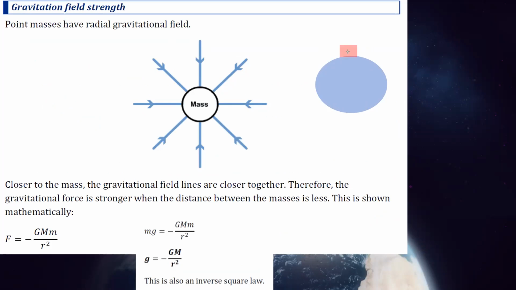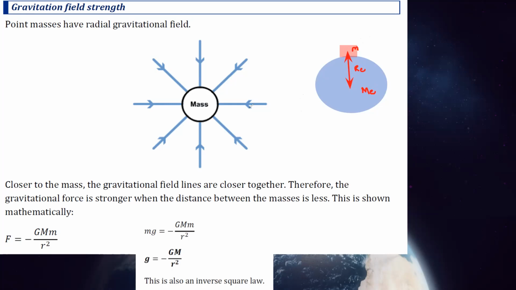The distance from the center of mass of the object to the center of mass of the Earth will be approximately equal to the radius of the Earth, because the size of the object is negligible. The mass of the Earth is given by M e, and the mass of the object is small m.